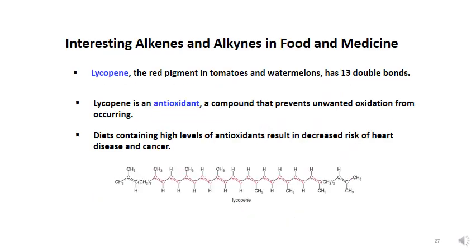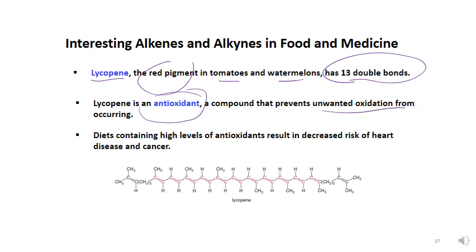Next, lycopene, the red pigment in both tomatoes and watermelon. Can you imagine that the red in the tomato and the red in the watermelon come from the same stuff? Has 13 double bonds in it. And any kind of deeply colored vegetable, carrots and tomatoes and sweet potatoes, anything that is highly colored is good to eat because it's an antioxidant.